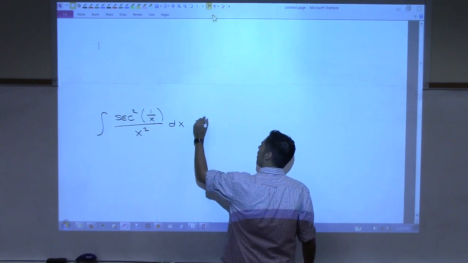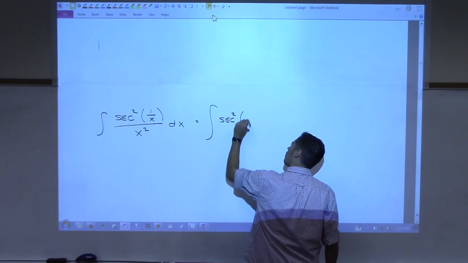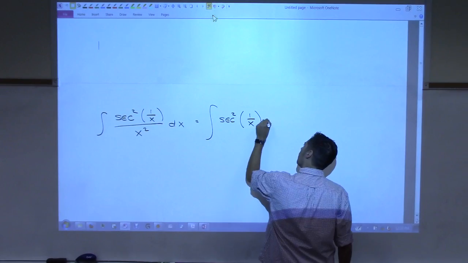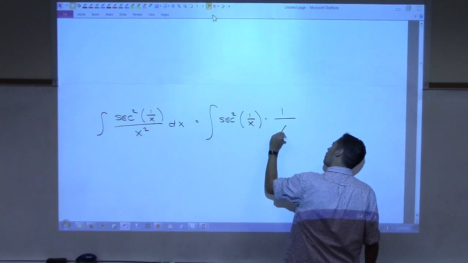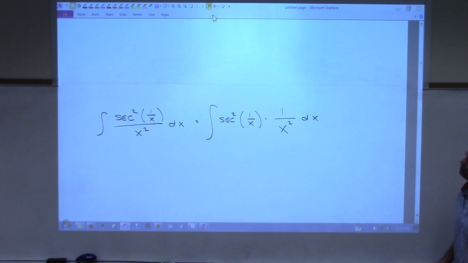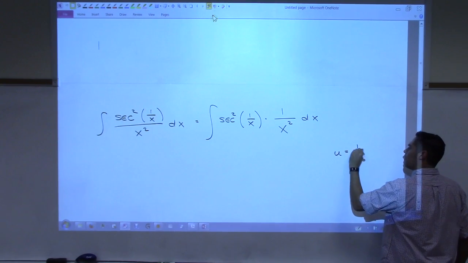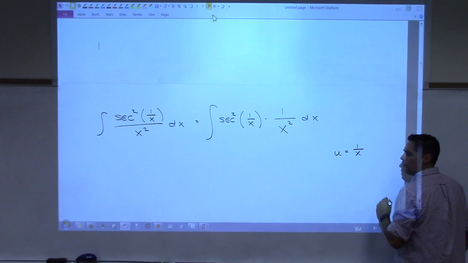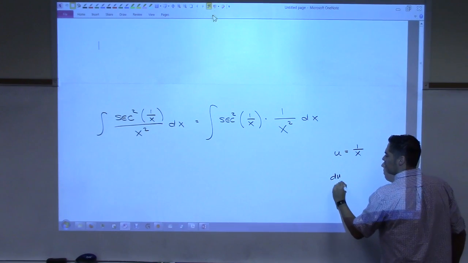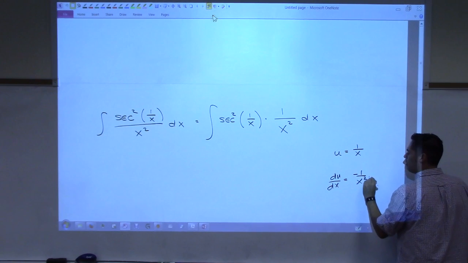Let me rewrite it this way. Could I rewrite this problem? Is that not the same thing? It is, right? And if I look at it that way, then if I say u is 1 over x, I already know that du dx is negative 1 over x squared, right?